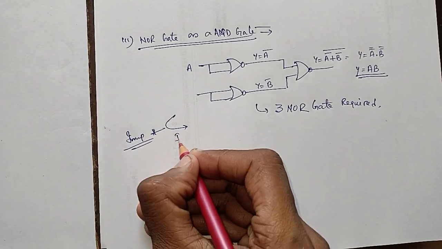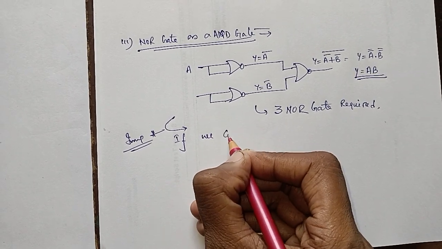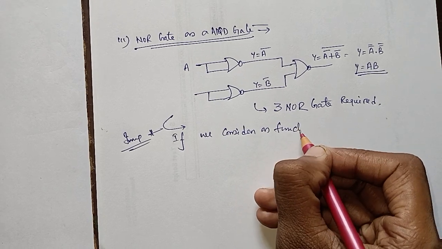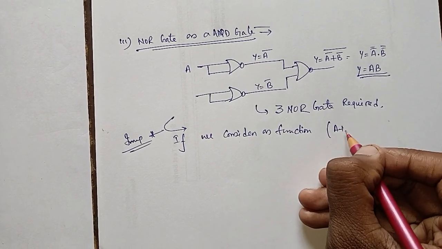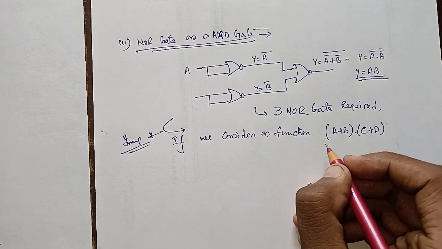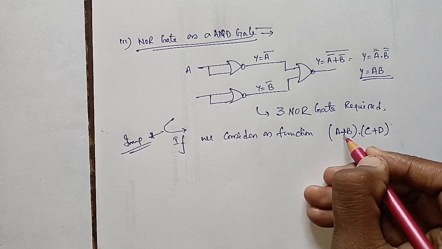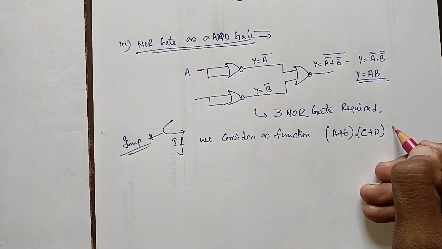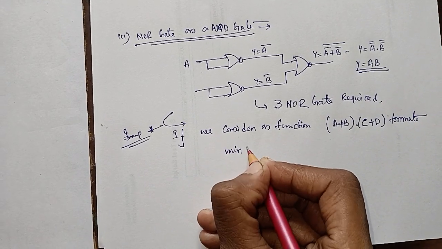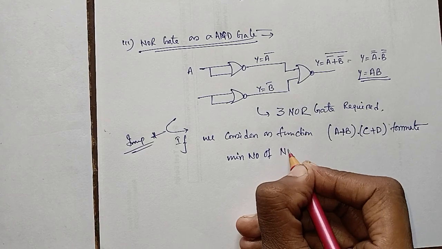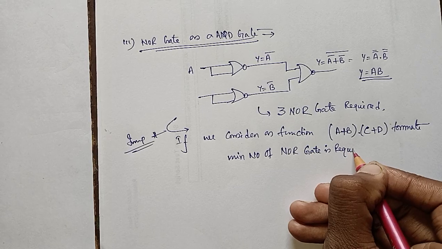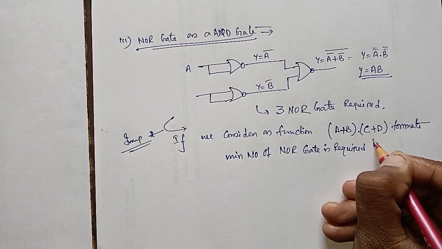If we consider any function in the format (a plus b) and (c plus d), the minimum number of NOR gates required is 3.